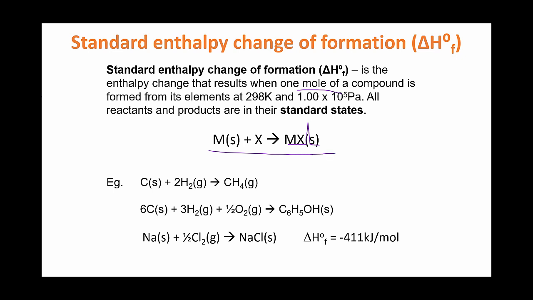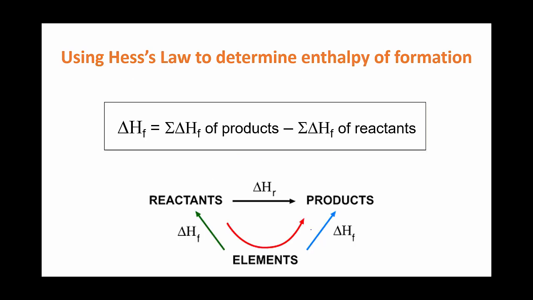And in that case, it's going in the opposite direction. So you've got a list of chemicals and it's their enthalpies of formation. You need to know their elements going to those chemicals. And so in this case, the reactants is minus.